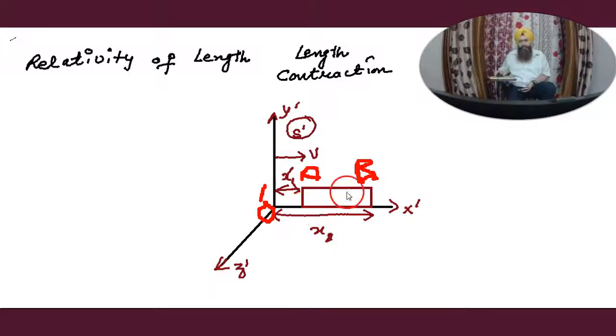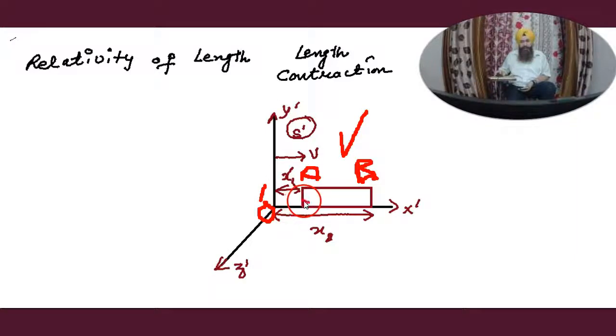If there is an observer in the frame S dash, what is the length of the rod for that observer? That length will be simply O prime B minus O prime A.